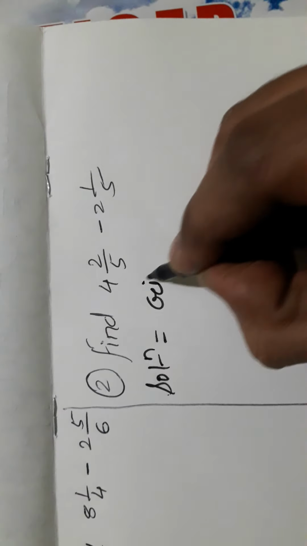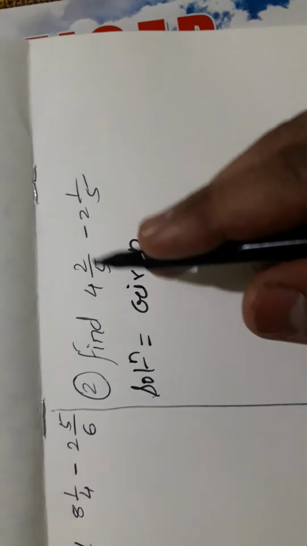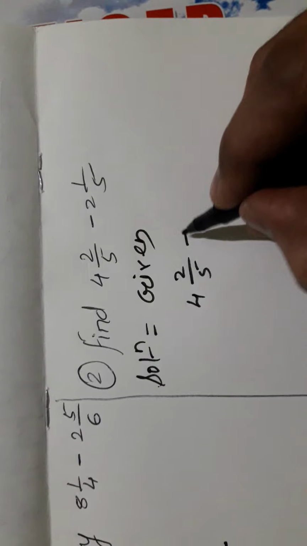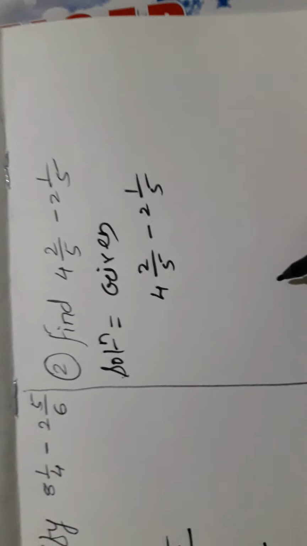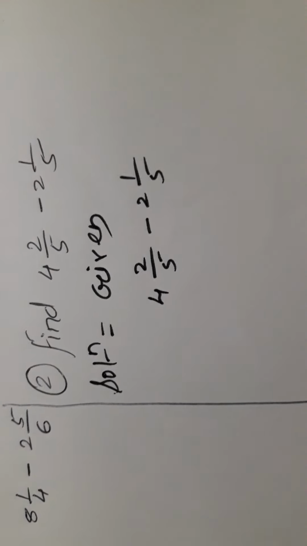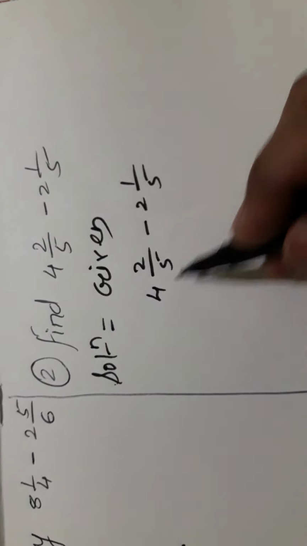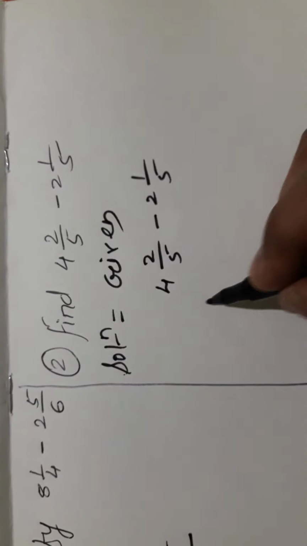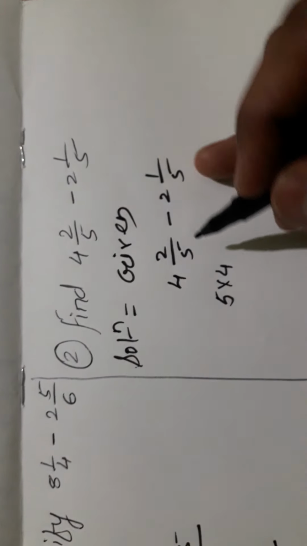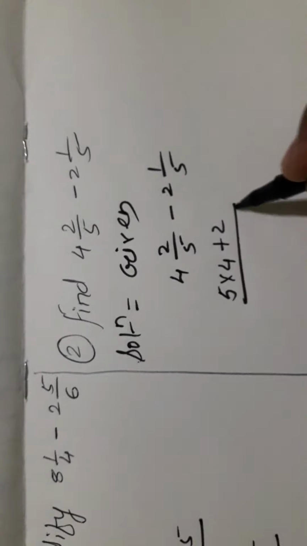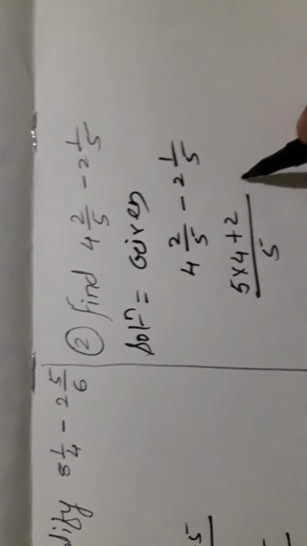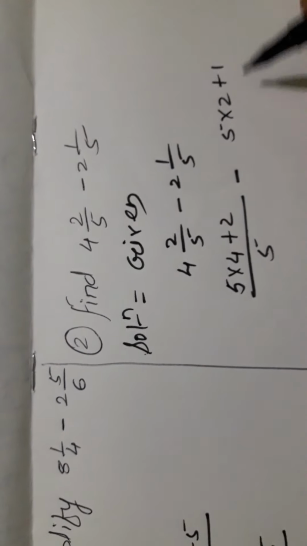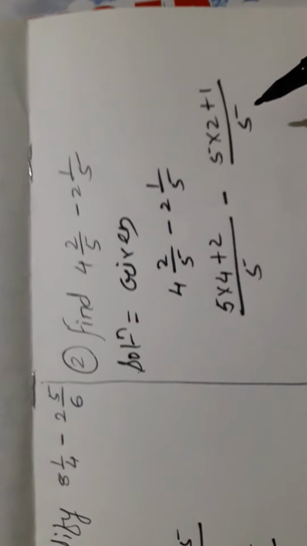Solution given. 4 and 2 upon 5 minus 2 and 1 upon 5. Is it clear? Now first of all, what will we do? We will convert the mixed fractions into the regular form. 5 into 4 plus 2 divided by 5 minus 5 into 2 plus 1 divided by 5.